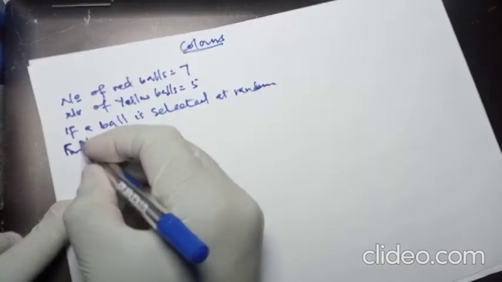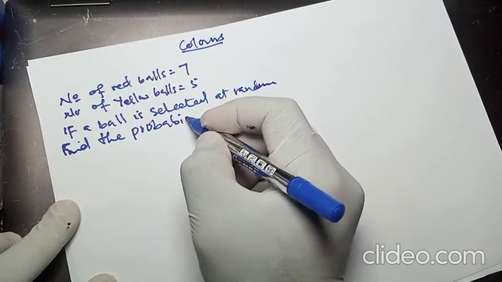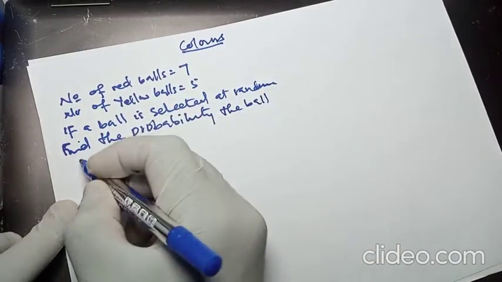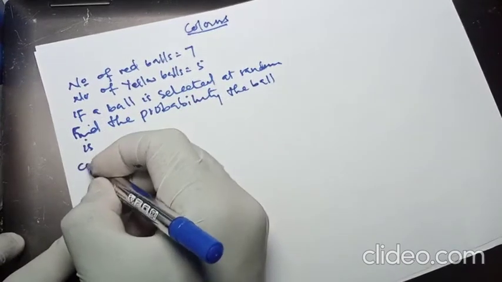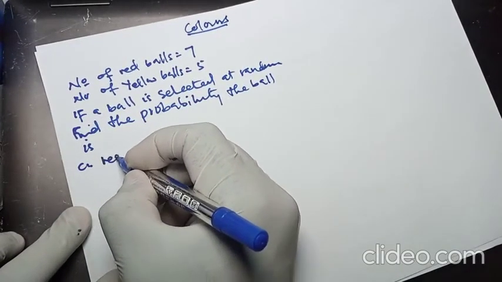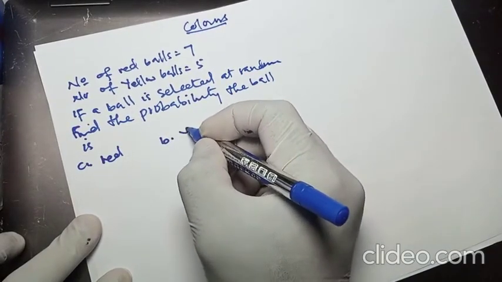Find the probability that the ball is, A, red, B, yellow.